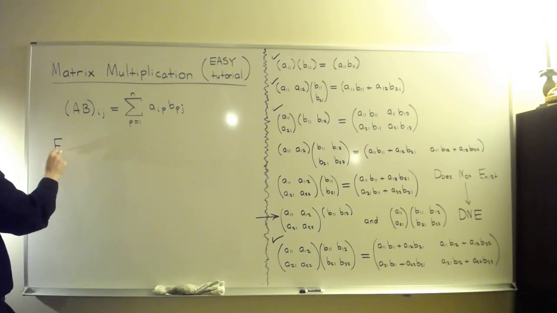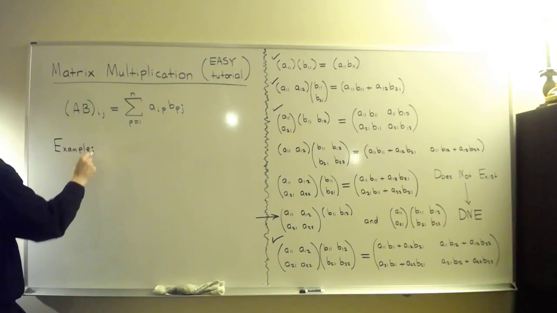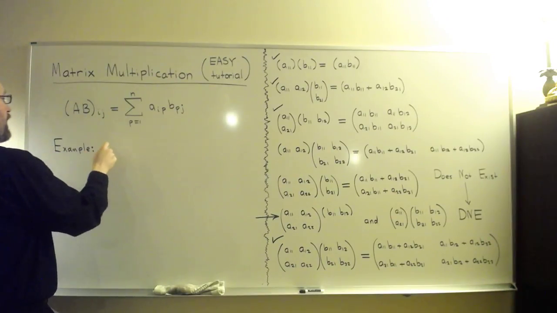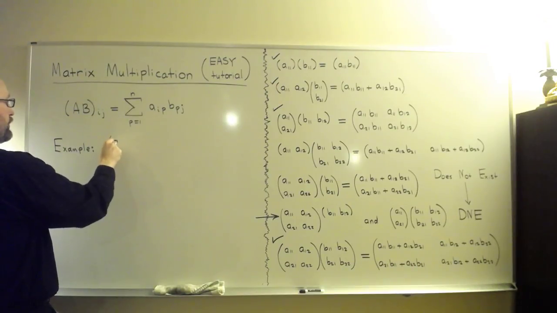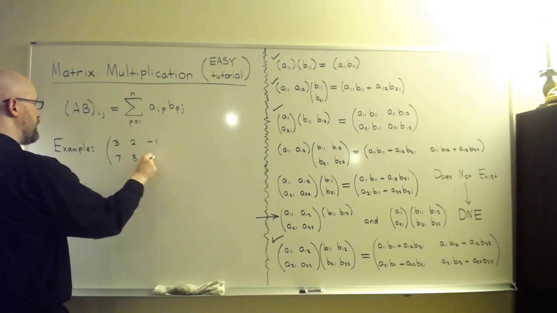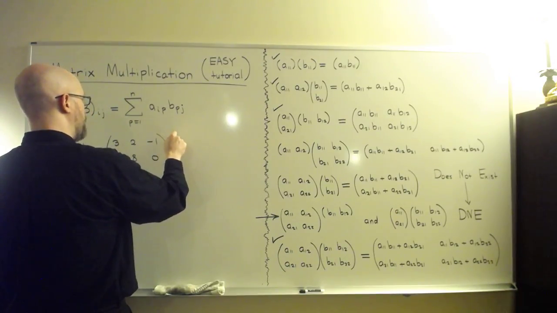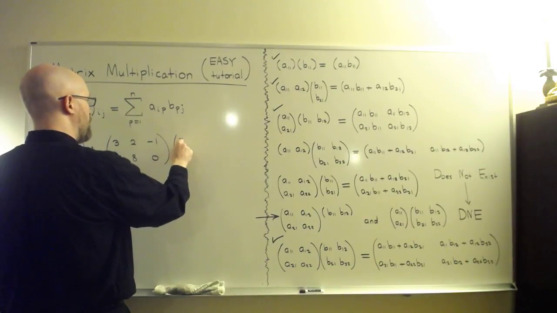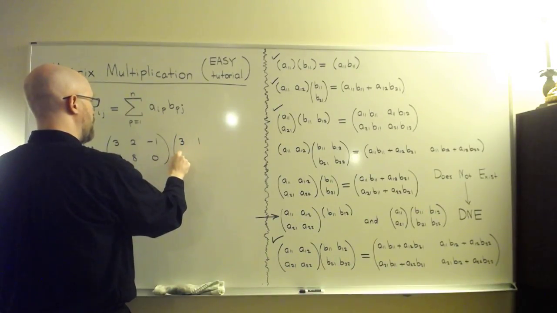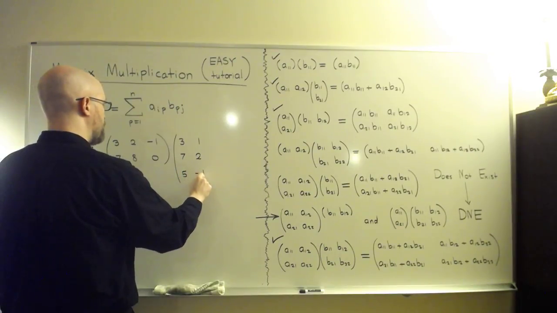So here's an example. I'm going to write a matrix 3, 2, minus 1, 7, 8, 0. And then I'm going to write one that looks like, say, this: 3, 1, 7, 2, 5, minus 4.